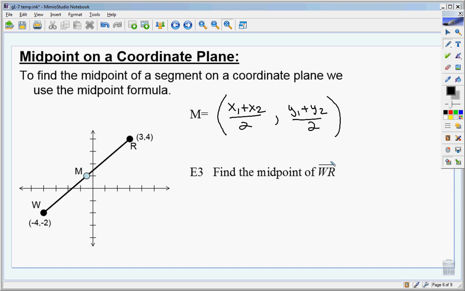And because I'm looking for a midpoint on a coordinate plane, the midpoint will have an x value as well as a y value. So the formula looks like an ordered pair, because that's what it's going to help me find. The ordered pair of the midpoint on a coordinate plane.